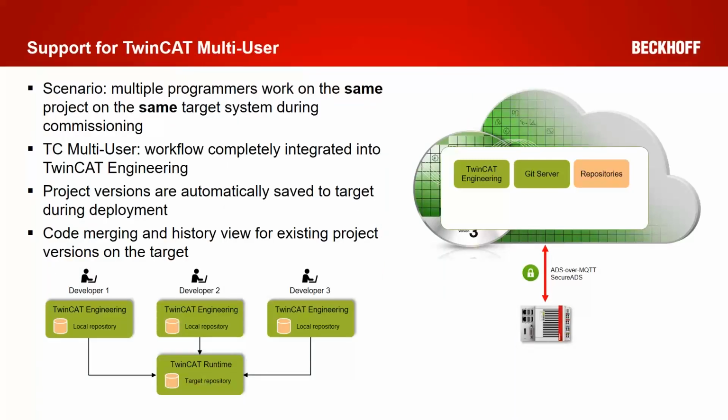You can also make use of the relatively new TwinCAT multi-user feature, where you have the scenario that multiple programmers work on the same project, on the same target system. And this TwinCAT multi-user feature is also integrated into the Git repositories of the TwinCAT Cloud Engineering environment, and you can make use of that feature.